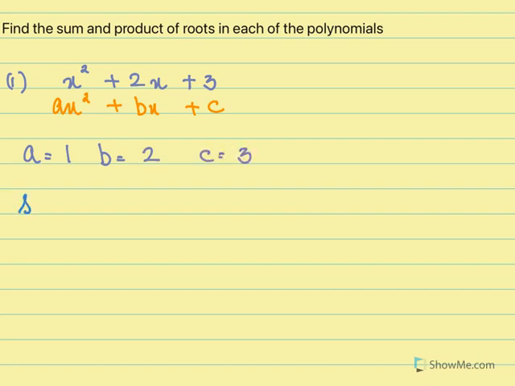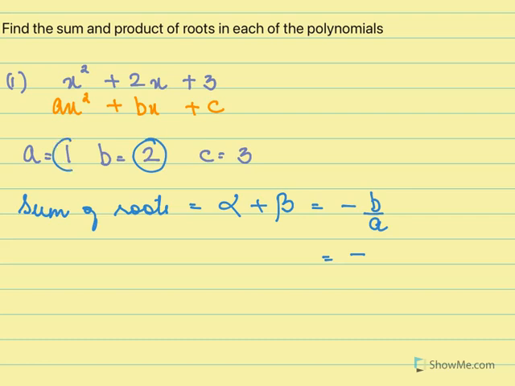Now sum of roots is alpha plus beta, and alpha plus beta we know is minus b by a. So equal to minus, we see the b is 2 and the a is 1. So that would be minus b by a.